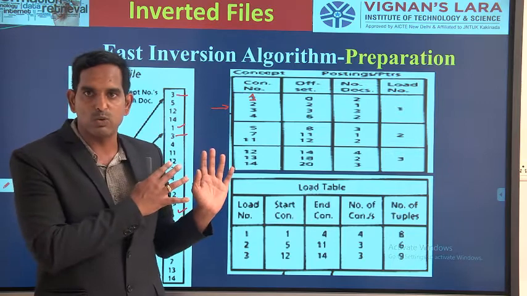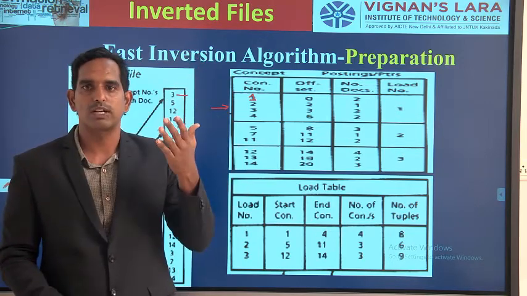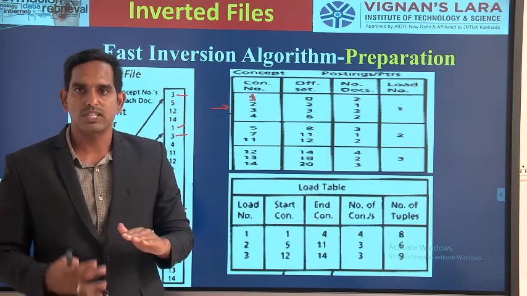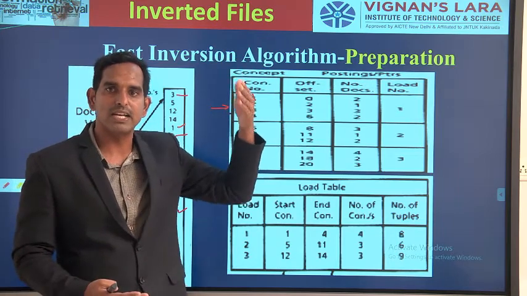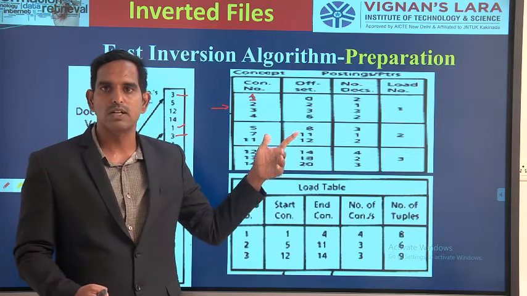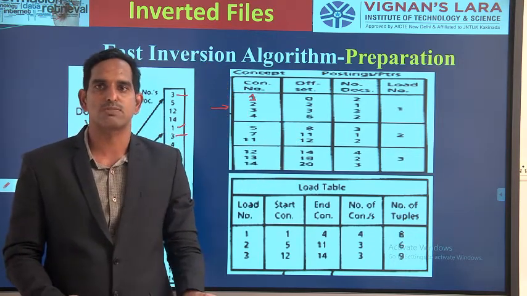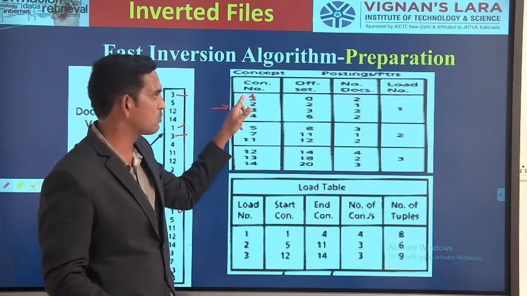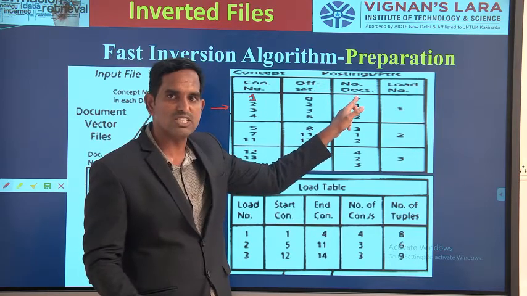I think you remember that while creating an index, you place the words you identify in alphabetical order. In a similar manner, you are going to place your inverted file in order based upon your concepts, from concept 1 to concept 14. That is why first you have placed concept 1, and you are going to record the number of documents in which it is present.